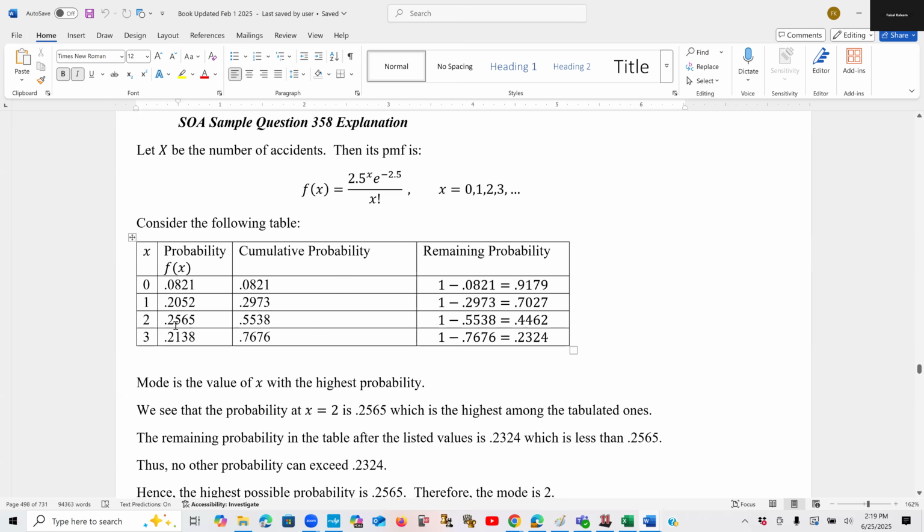At x equals 2, the probability is 0.2565, and cumulative of the 0, 1, and 2 is 0.5538, and the leftover is 0.4462. So 0.4462 is still higher than any of the probabilities of 0, 1, and 2, which means there's still a chance that a higher number will give us a mode.